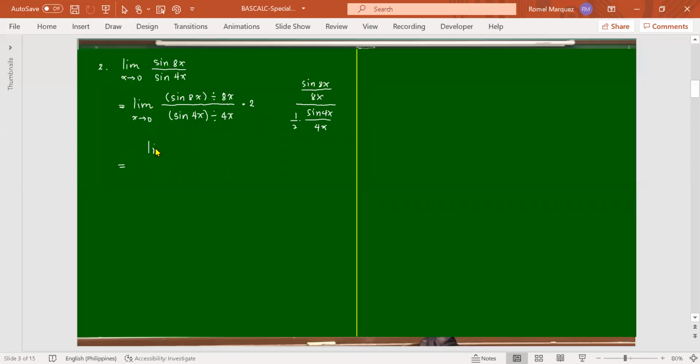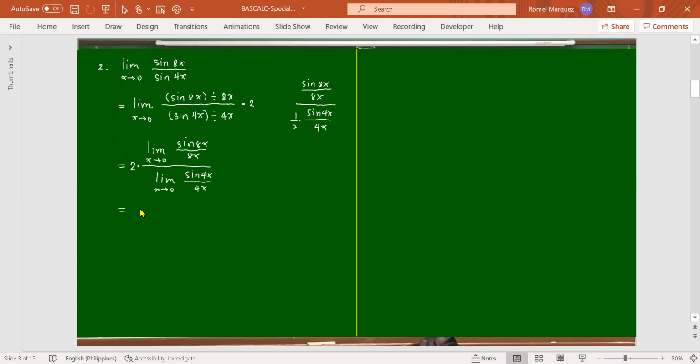So it is now equal to the limit as x approaches 0 of sine 8x over 8x all over the limit of sine 4x over 4x as x approaches 0. Pwede rin gawin nyo as 4x approaches 0, as 8x approaches 0. Okay? Parehas lang naman ang behavior niya.